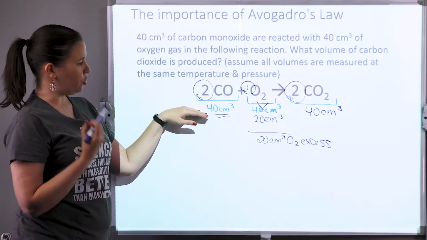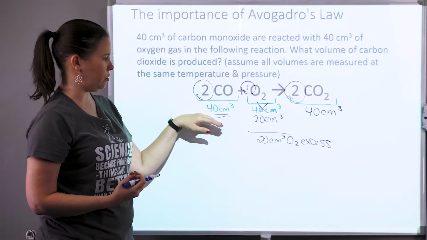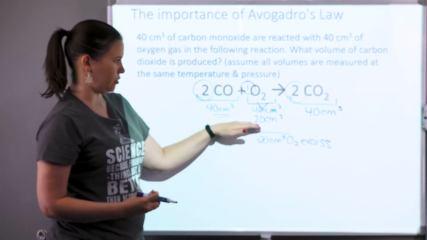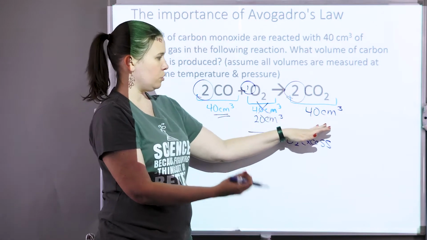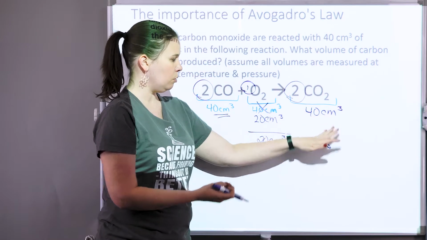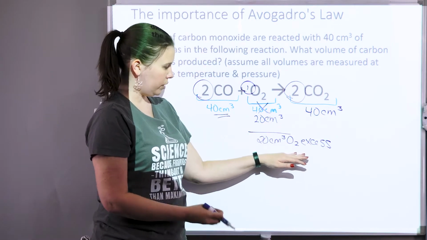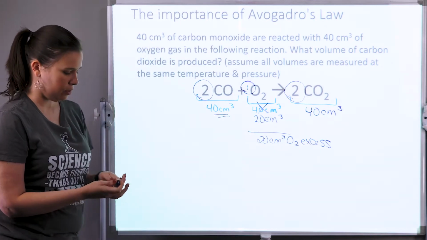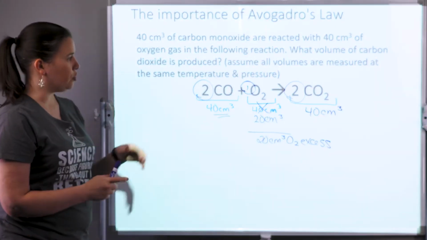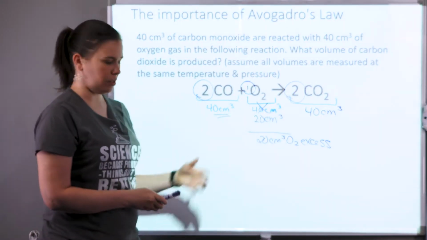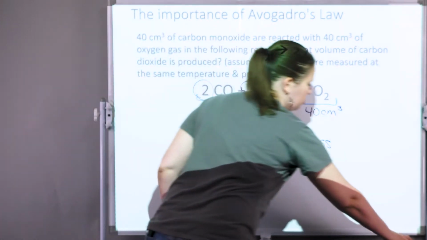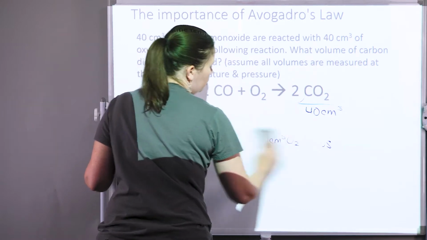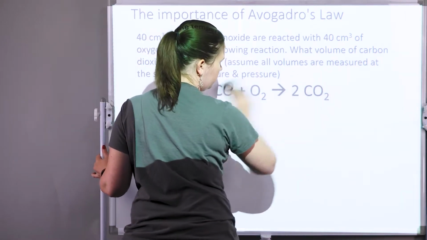So the reaction uses 40 cubic centimeters of carbon monoxide and 20 cubic centimeters of oxygen. It produces 20 cubic centimeters of CO2 with 20 cubic centimeters of O2 left over, or in excess. And this can all be determined just by looking at the mole ratios and considering Avogadro's Law, which says equal amounts of gas, or moles of gas, should have equal volumes.